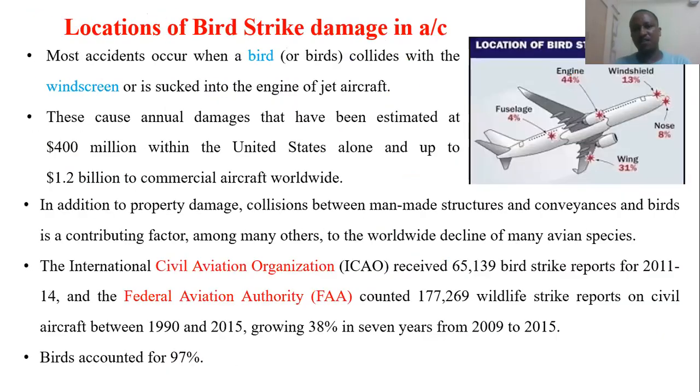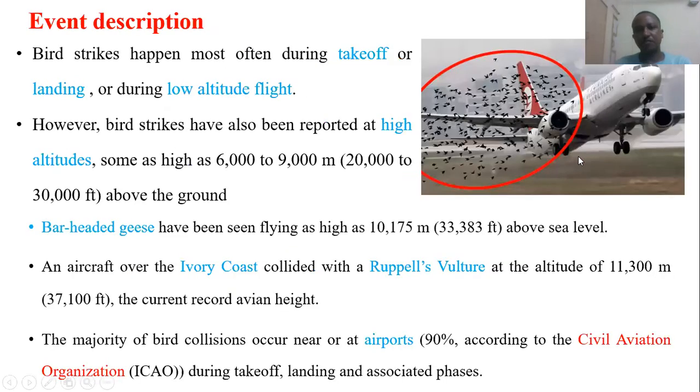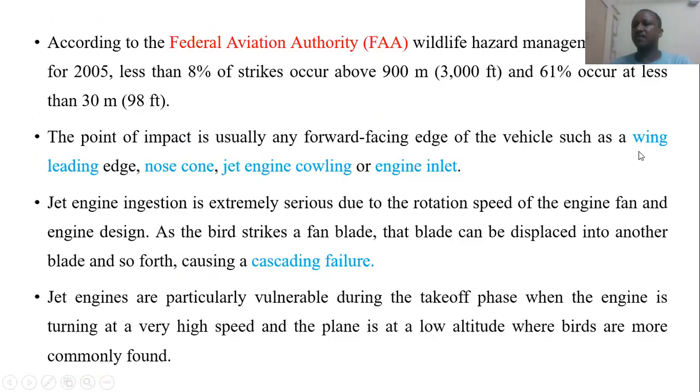As we have seen here, most forward-facing edges encounter impact, like the wing leading edge, the nose cones, the jet engine cowling or engine inlets, and the front windshield canopies.